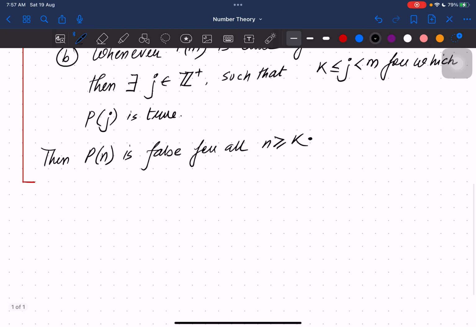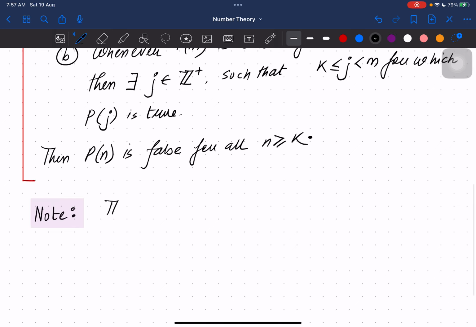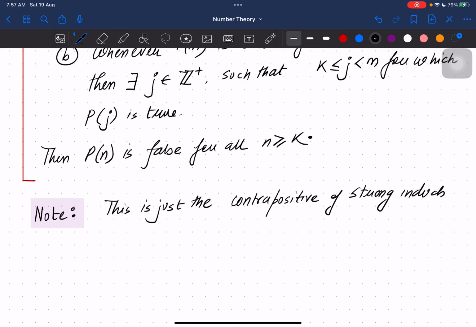So note that this is just the contrapositive of strong induction, applied to the negation of the proposition Pn.